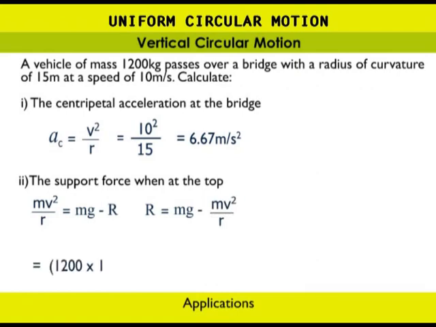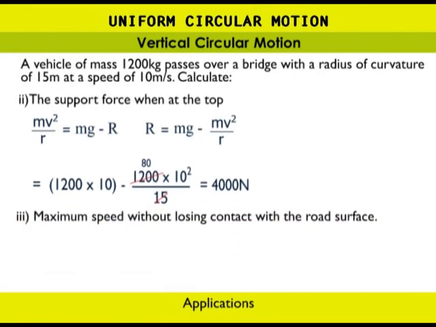That is 1,200 times 10 minus 1,200 times 10 squared over 15. That gives us 12,000 minus 8,000, and that is equal to 4,000 newtons.